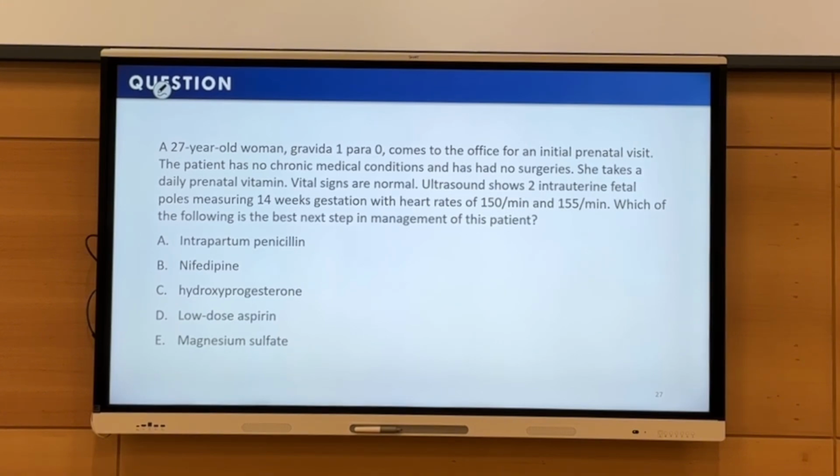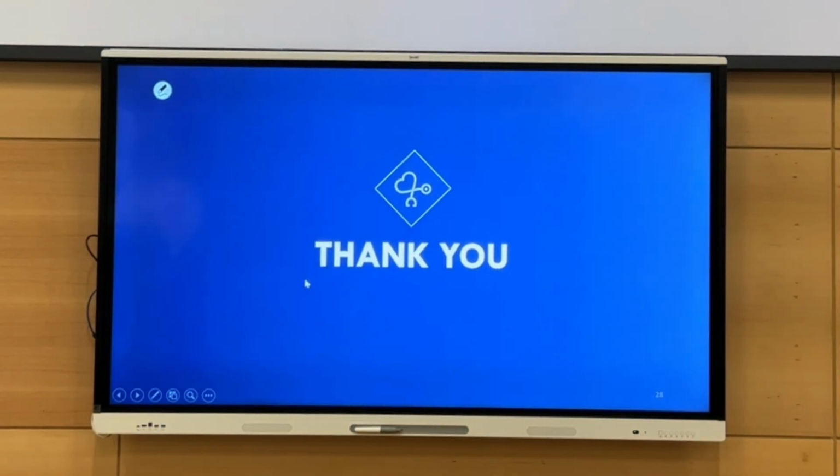Is it a risk factor for early delivery if it's twins? Is it a risk factor for preeclampsia? Possibly. So the ultrasound shows 2 intrauterine fetal poles, meaning multiple gestation. Okay. Any questions? That's exactly it.